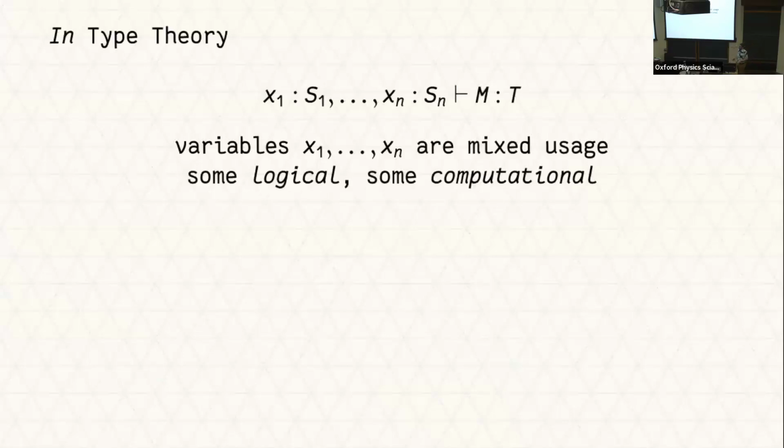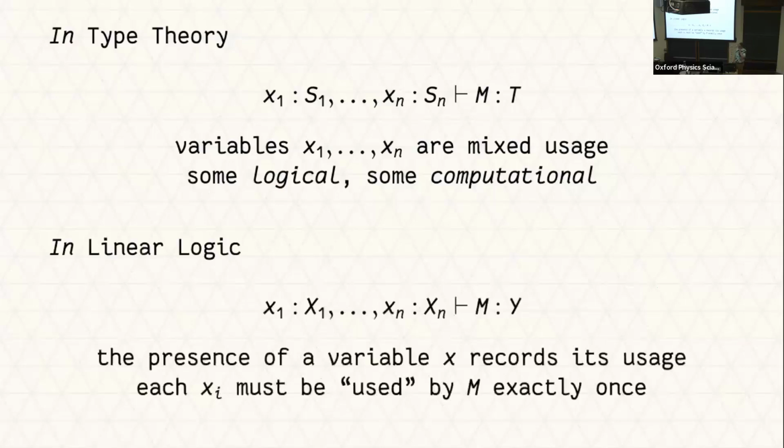So in type theory, we have contexts where the variables are used in two different ways. They're used in the term M, and they might be actually then used as actual pieces of data, which are going to be used for computation. But also they're used in the types to construct types, and there might even be types inside M as well, where they're kind of used logically. They're just used there for making sure that everything makes sense.